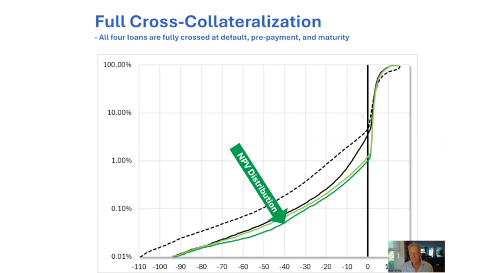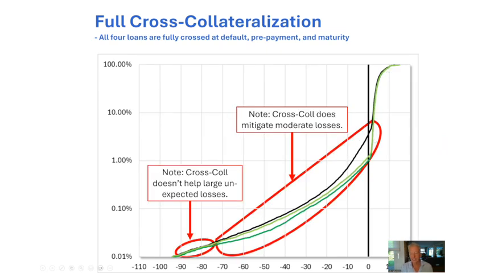Now look at this. You can see on this chart that the effect of the cross-collateralization really is for the moderate losses. So in other words, it doesn't do anything for the good cases. So in 90 to 92% of the cases, that won't make a difference. But then here, when there are loss scenarios, you definitely get a better outcome when you have the cross.